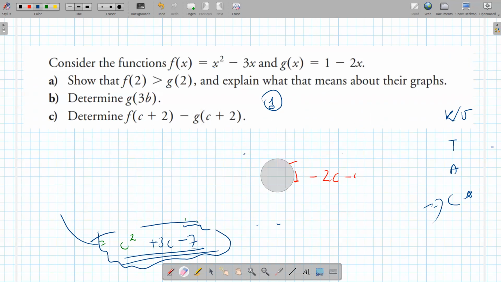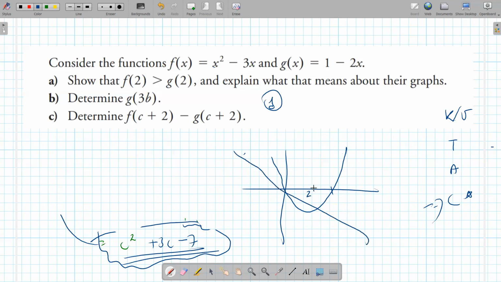So in part A, we established that our quadratic looks something like this. And then at 2, the quadratic was higher than the linear function.